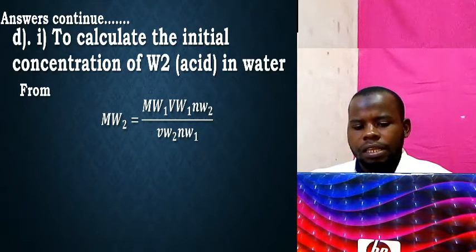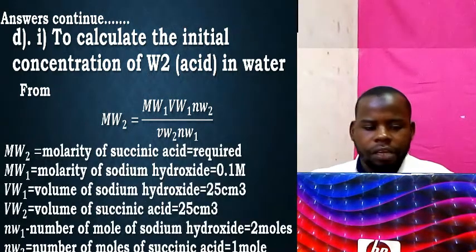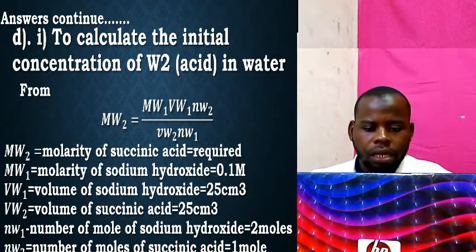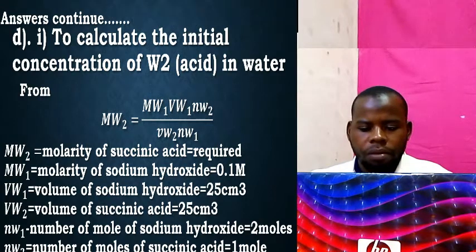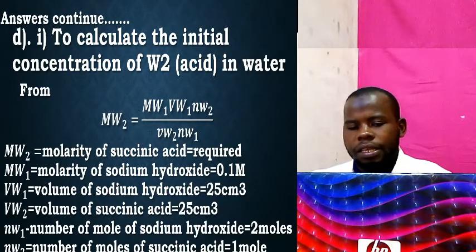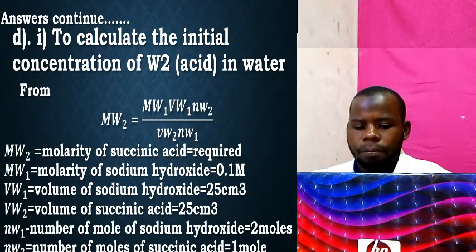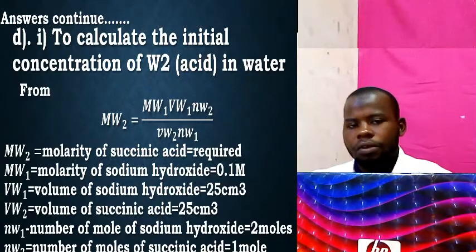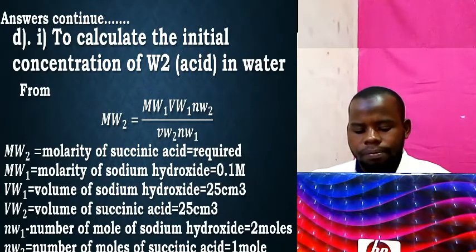To understand this, let's check clarification. W2 is the acid, W1 is the base, sodium hydroxide, and that is the volume. The number of moles of acid is 1, the number of moles of base is 2. So we are going to use this data to solve for the molarity of W2, in order to get the concentration.